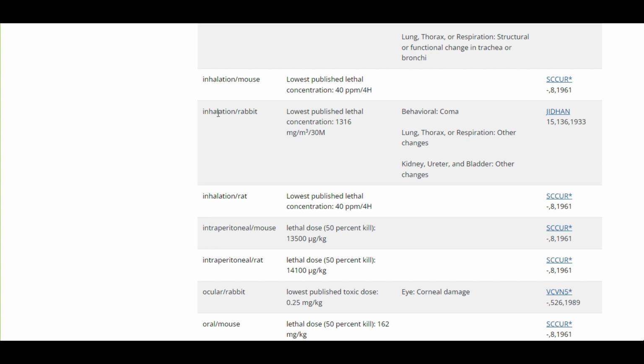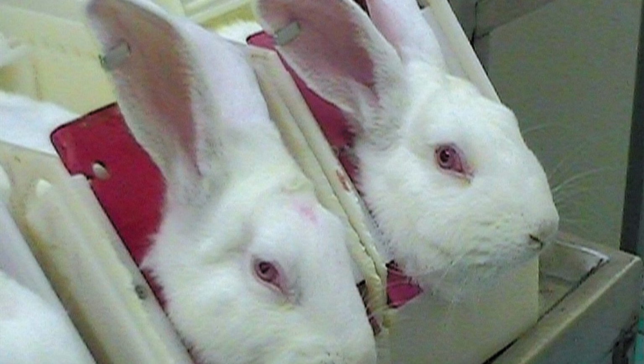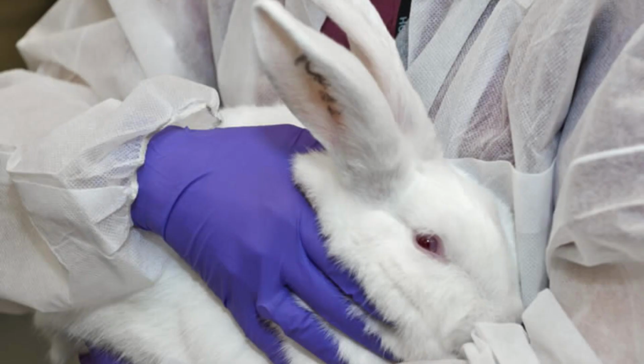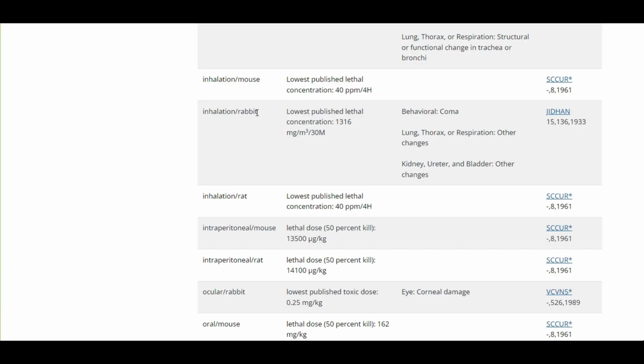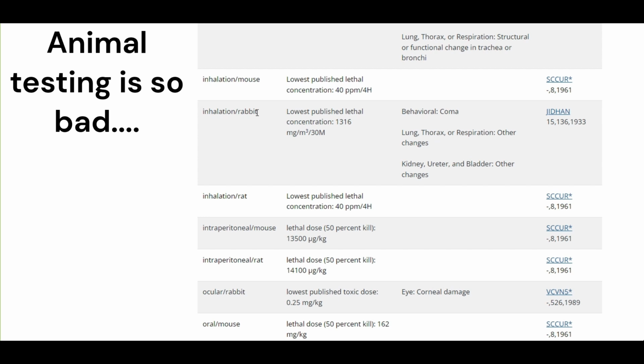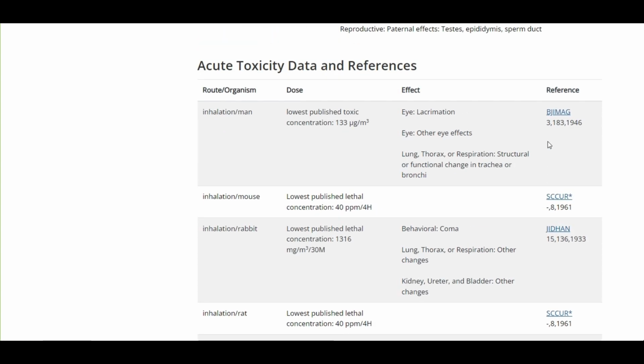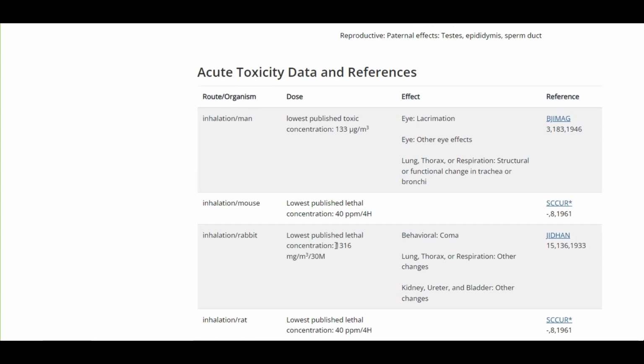Now bear in mind, this was a real rabbit in a laboratory that somebody picked up, put into a container full of osmium tetroxide, and killed. So just bear that in mind, and we'll gloss over the whole rabbit genocide thing, because honestly, this amount right here seems a bit overkill.